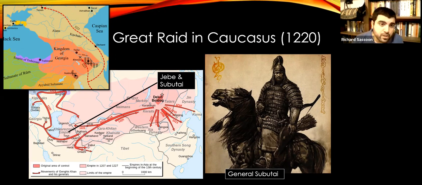The first place that they hit was Georgia, and at the Battle of Khanun in 1221, they massacred the Georgian people to the point where Georgia declared itself a vassal of the great Khan. Jebe and Subutai continued up through the Caucasus and made their way around the city of Derbent.